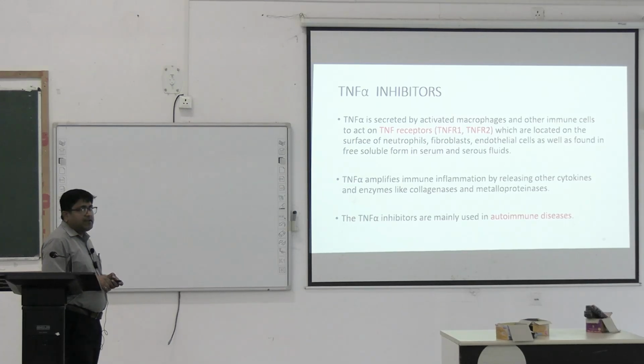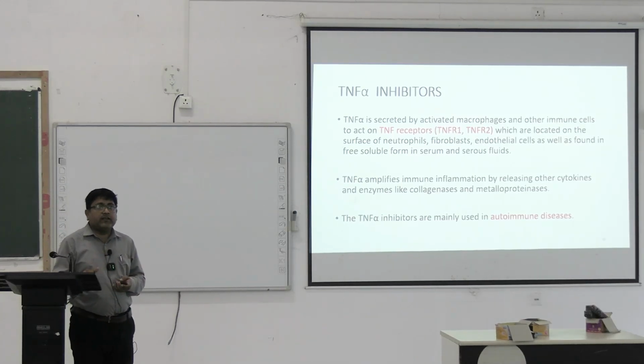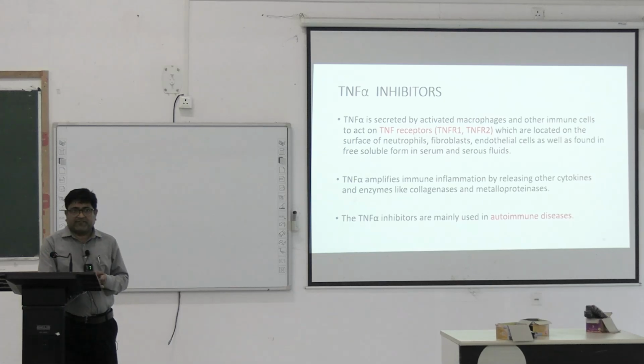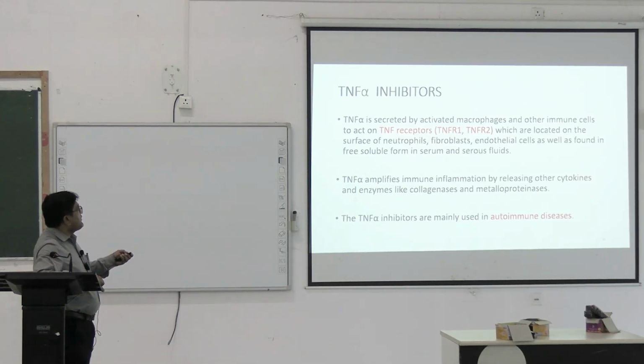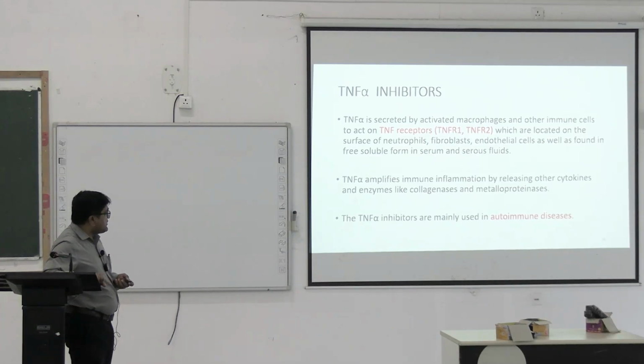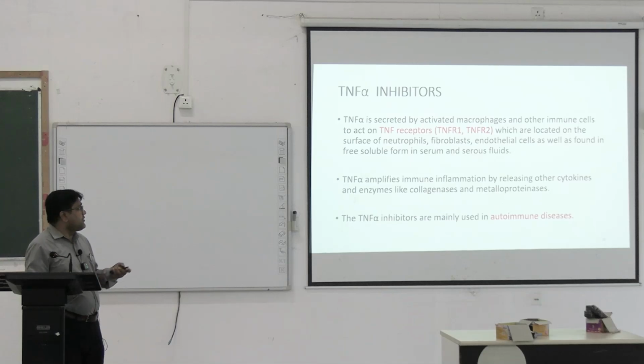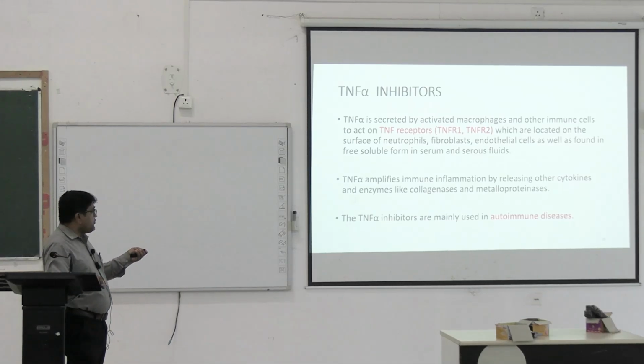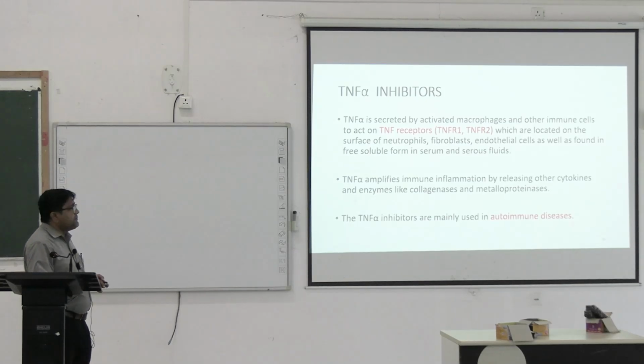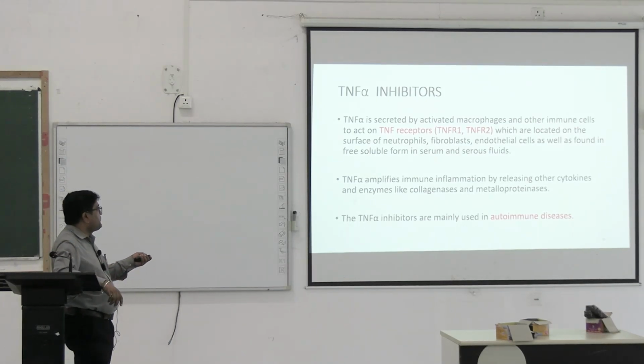Now, among the biological agents, a very important first one is TNF alpha inhibitors. TNF alpha is secreted by activated macrophages and other immune cells. They act on the receptors TNF receptor 1 and 2 located on neutrophils, fibroblasts, endothelial cells, and the free soluble form in the serum and serous fluid.